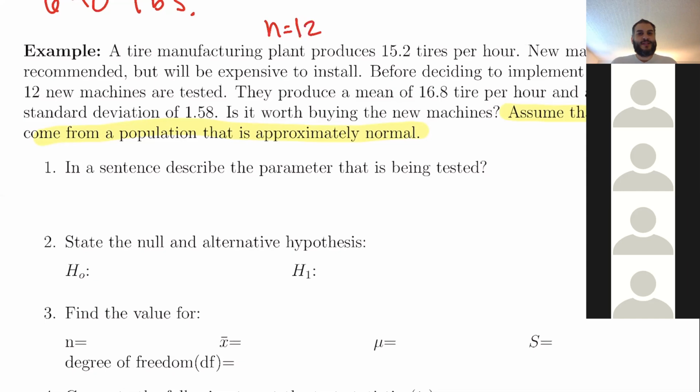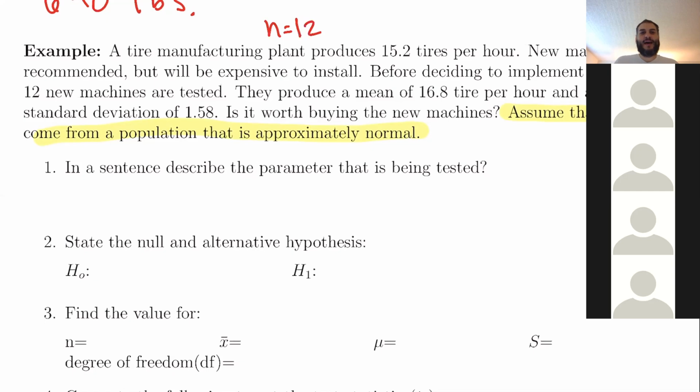All right. So for this one, what we want to do first is describe the parameter that is being tested. So what are we testing? The amount of tires being produced per hour?